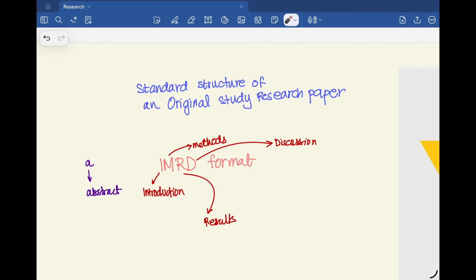Now this is a simplified version, but there's also a more expanded version of it that I'm going to be teaching you today. There's no better version you can follow either, but I'm going to be teaching the expanded version because that one is in a bit more detail, and when you look at a real original research paper, you're going to find that more often as compared to this one.